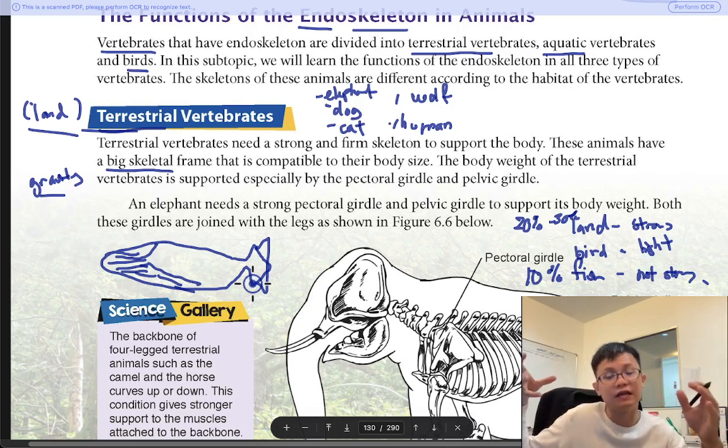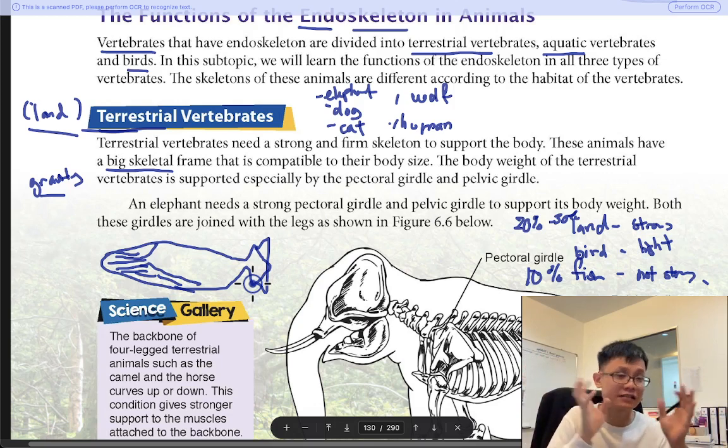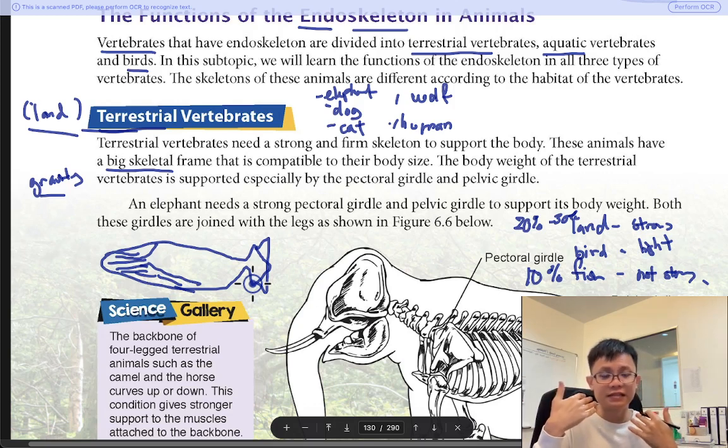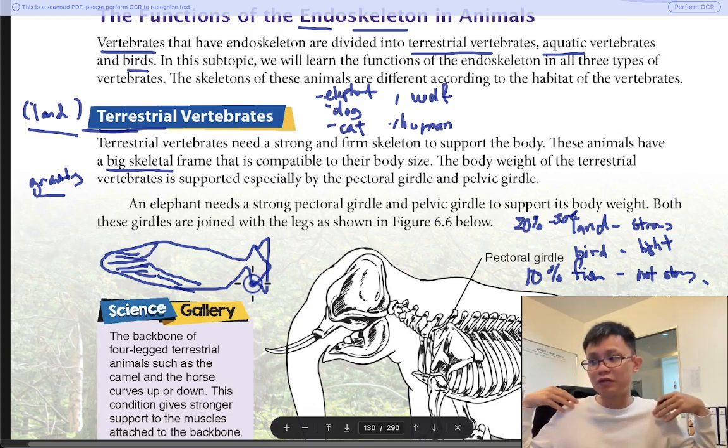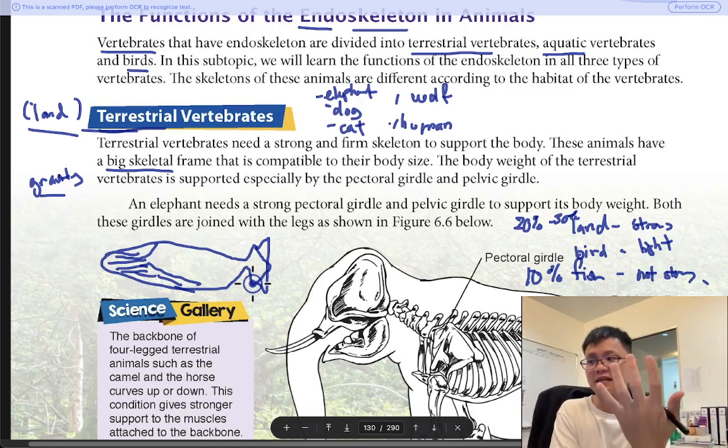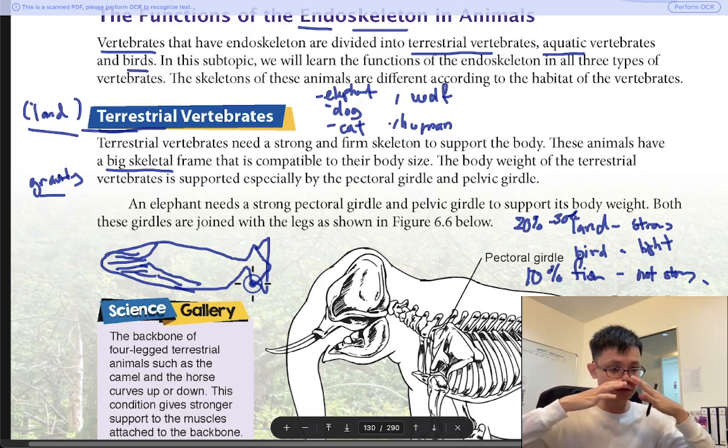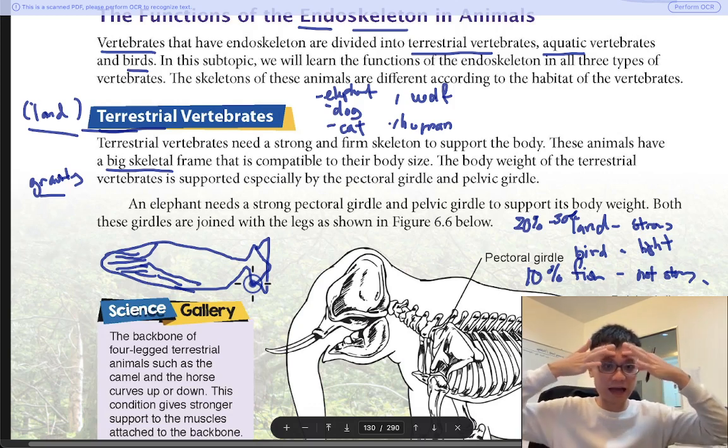If you see from the outside of the fish, you don't see the bone, but from the land animal you can see the bone, because you can see my shoulder, you can see my finger, also you can see my head, my nose and the eye, the forehead.